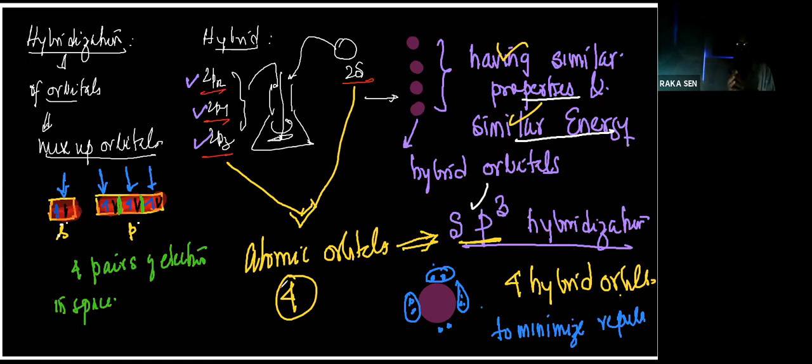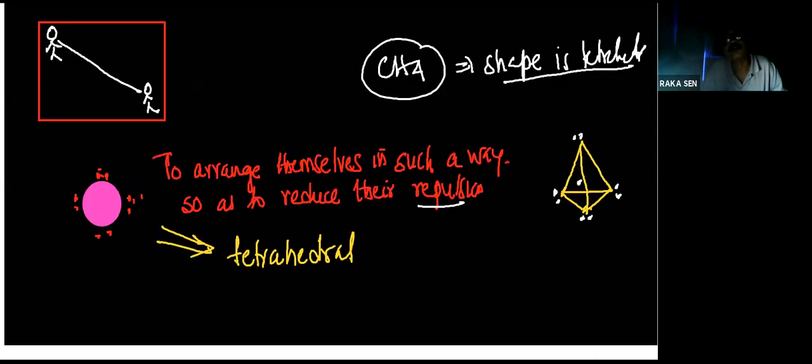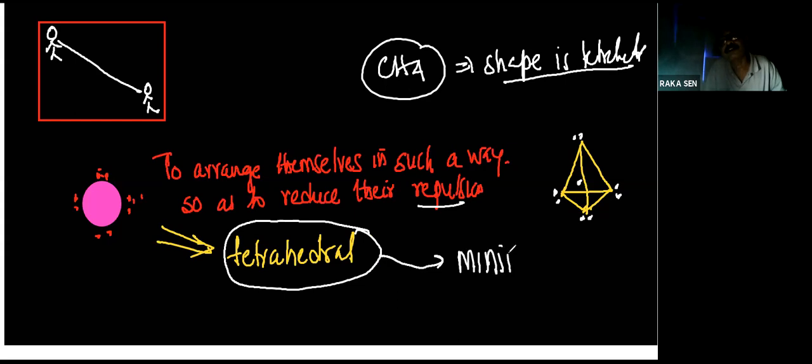It is not like that. They have the same properties, same energies, and they are going to arrange themselves in such a way so as to minimize the electronic repulsions. And mathematically, it was shown that for 4 pairs of electrons, this geometry will give you the minimum repulsion.